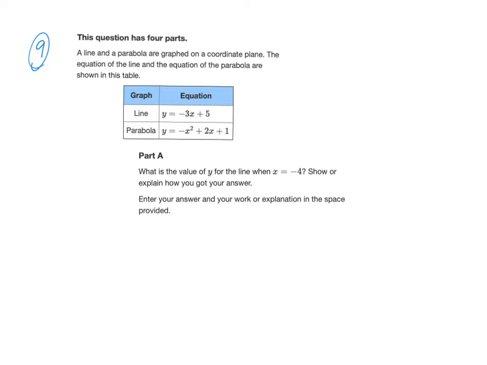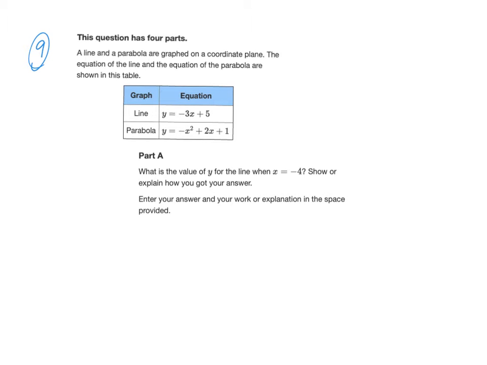This is our second open response, or what they are now calling constructed response, on the 2019 MCAS, and it has 4 parts. And as I mentioned before, remember when you have open responses like this with 4 parts, the expectation is that you show all of your work.